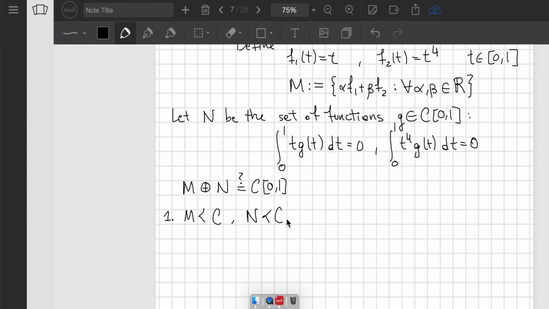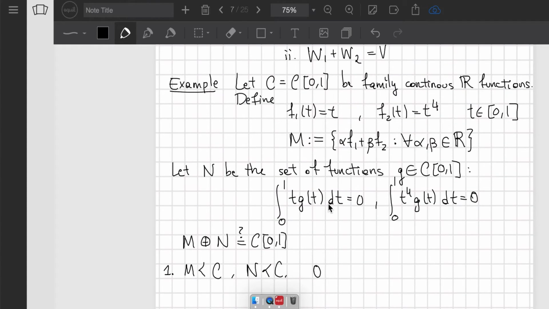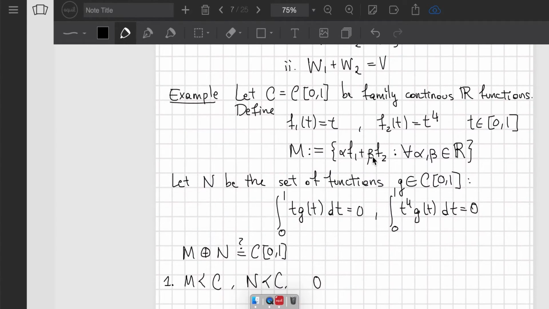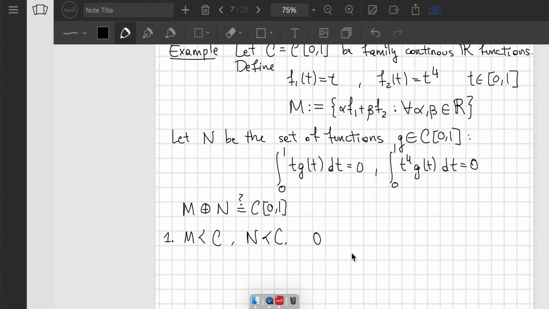We have to verify the three conditions. First of all, does the 0 function belong to M? Clearly, if we take alpha and beta to both be equal to 0, then yes, 0 does belong to M, and that is good.